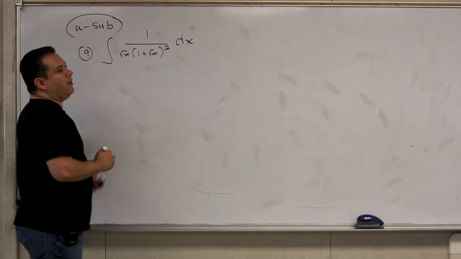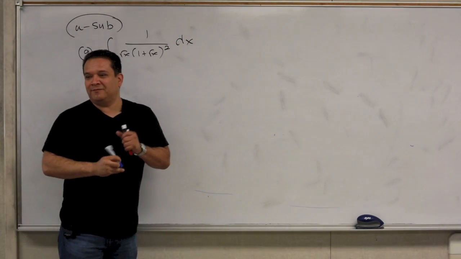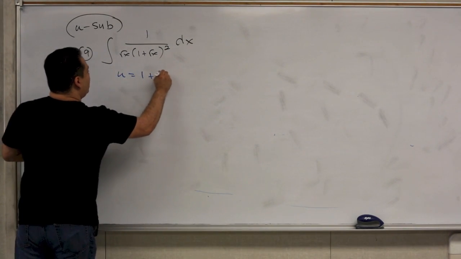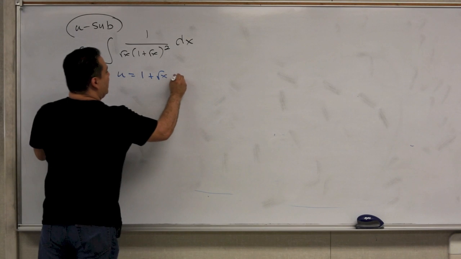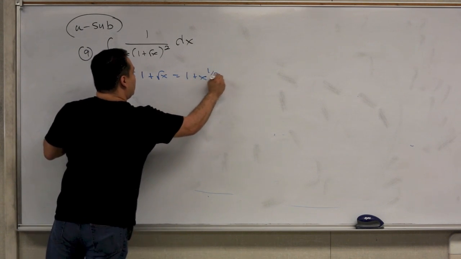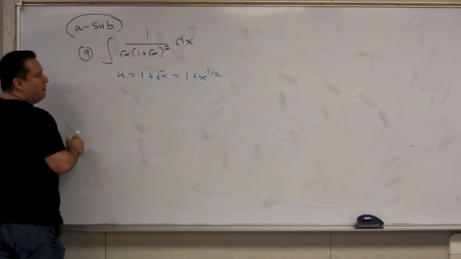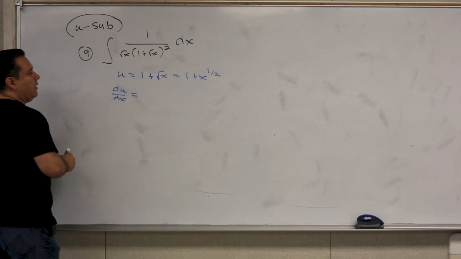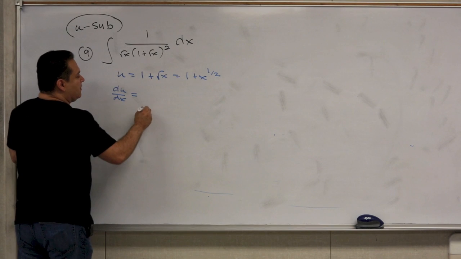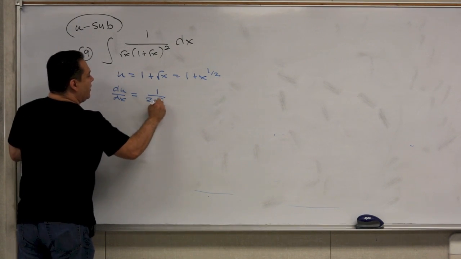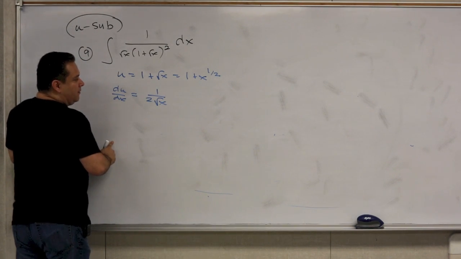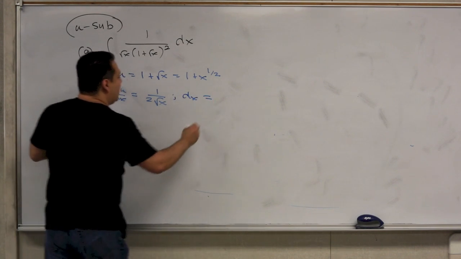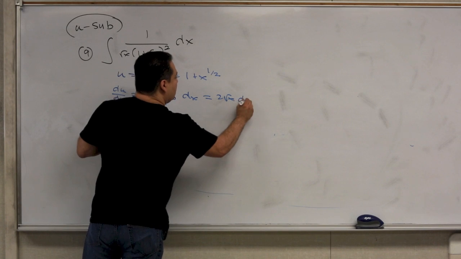So what do you think the inside function is going to be here? Is that u equals 1 plus the square root of x, which is 1 plus x to the 1/2? And then you also have du dx, which will be 1 over 2 square root of x. Remember I said this one shows up a lot, right? So if I solve for dx, that's 2 square root of x du.